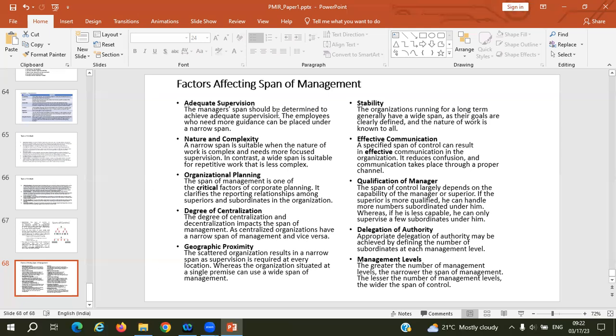Suppose there will be one general manager and different people in different states. That is another factor. Based on that, you will design and structure your business. Because of your organization planning, that is one factor which will decide your span of control, span of management, and how people are organized in your organization.